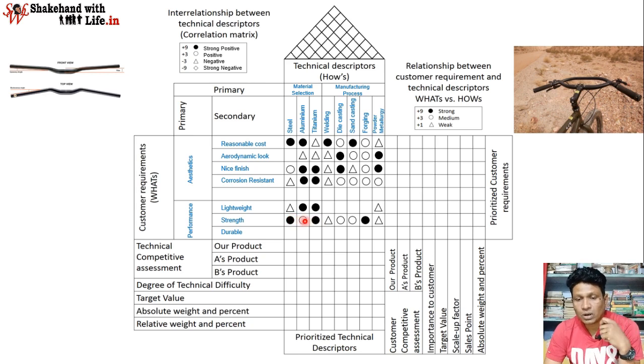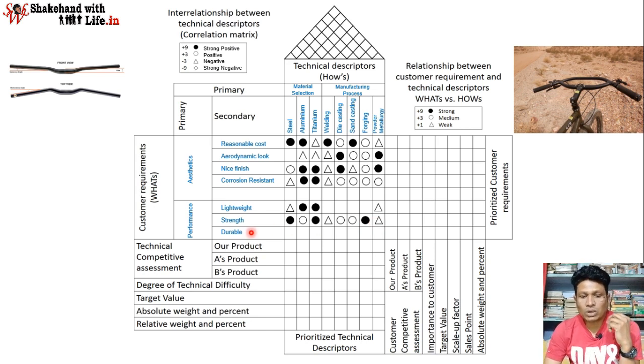But for the manufacturing process, with welding it has a weak relationship, with die casting and sand casting it has a medium relationship. With forging, it has a strong relationship. That means the strength would be very high if we use the forging process for the handlebar stem. With powder metallurgy, it has a weak relationship.